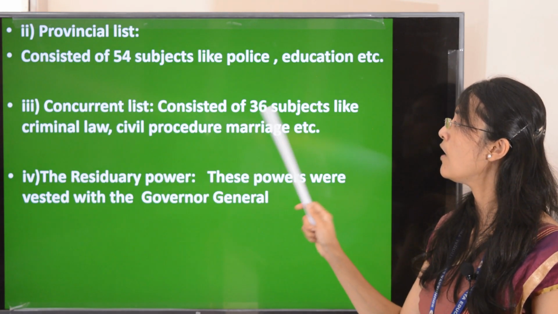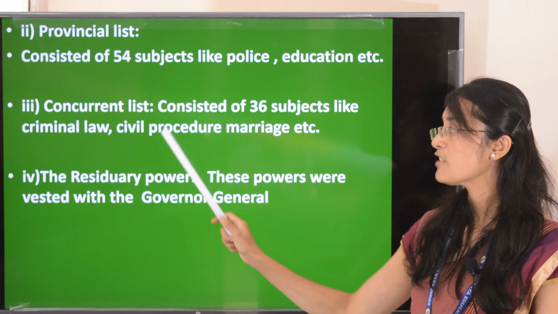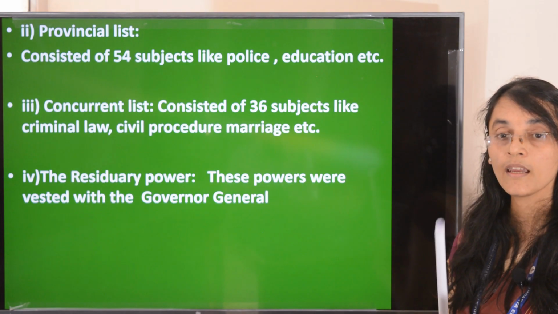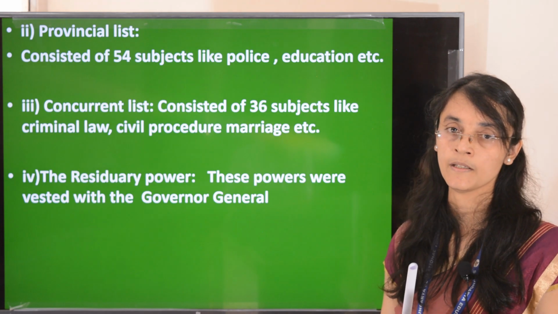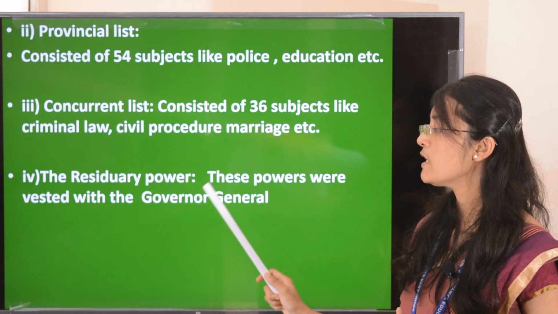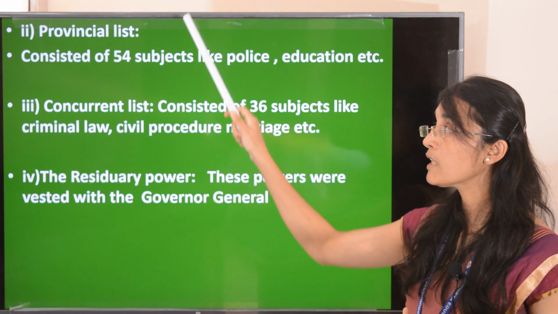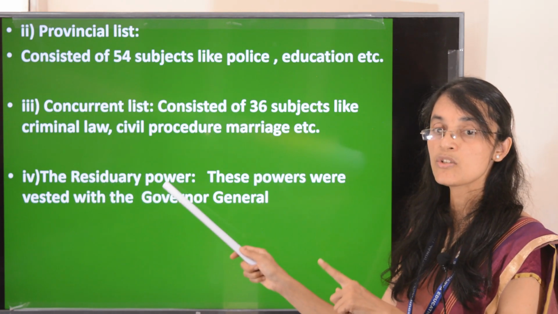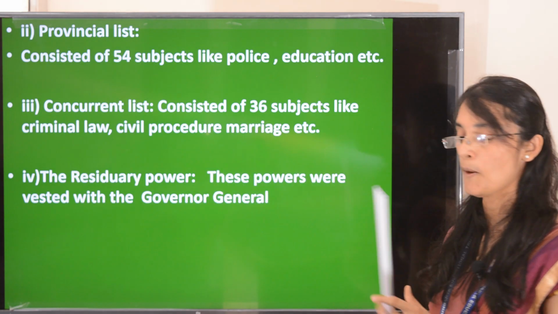It consisted of 36 subjects like criminal law, civil procedure, marriage, etc. At present, in this list, a total of 52 subjects are there. Then the next one is residuary powers. See students here, the subjects which were not mentioned in the above three lists came under the category of this list. So this list was vested with the Governor General of India.